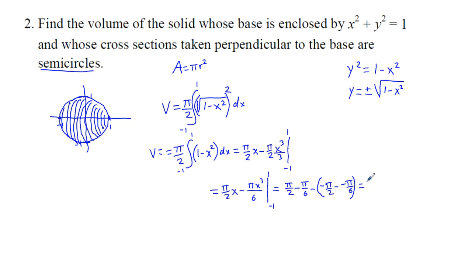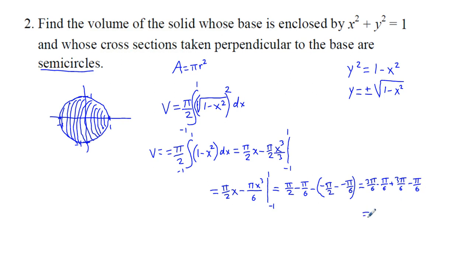That's going to be 3 pi over 6 minus pi over 6, and then we're going to have minus negative, so that's going to be plus 3 pi over 6, and then we have minus minus minus, so we're going to have minus pi over 6.